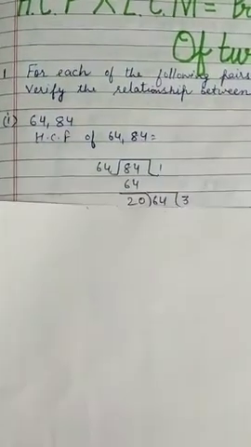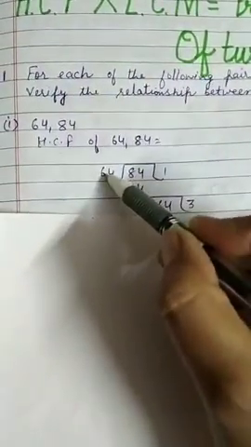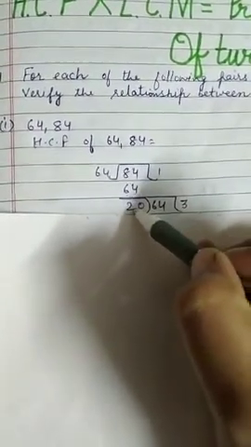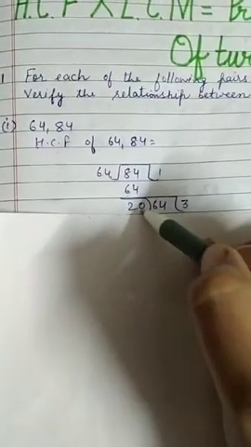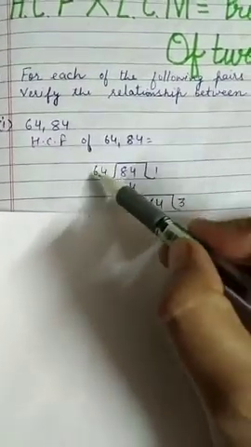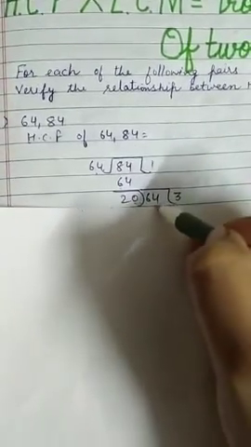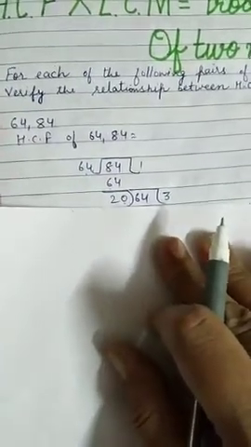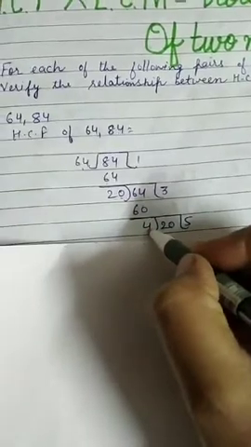You see that 84 is divided by 64. It goes 1 time. The remainder left is 20. Now this remainder becomes the divisor, and this divisor 64 becomes the dividend. It goes 3 times. 20 times 3 is 60. Again the remainder left is 4.